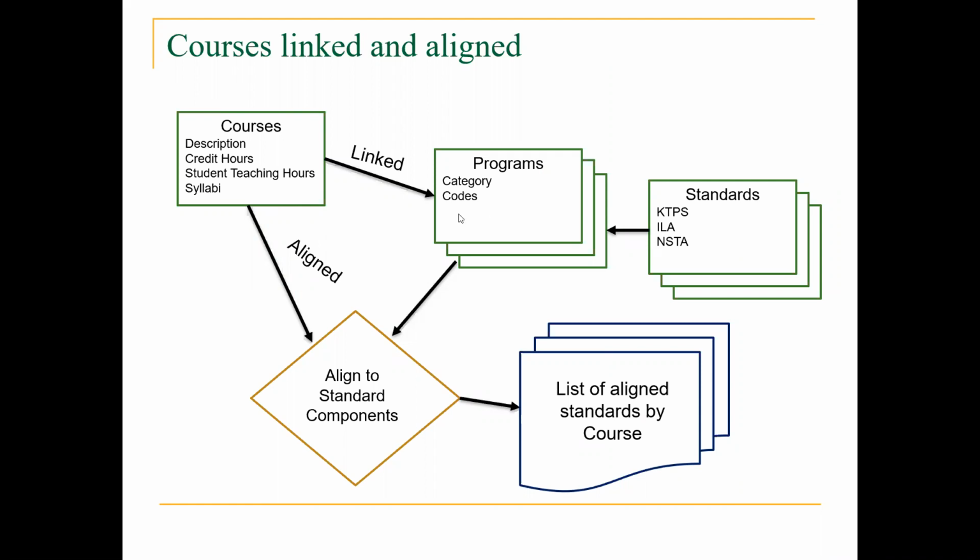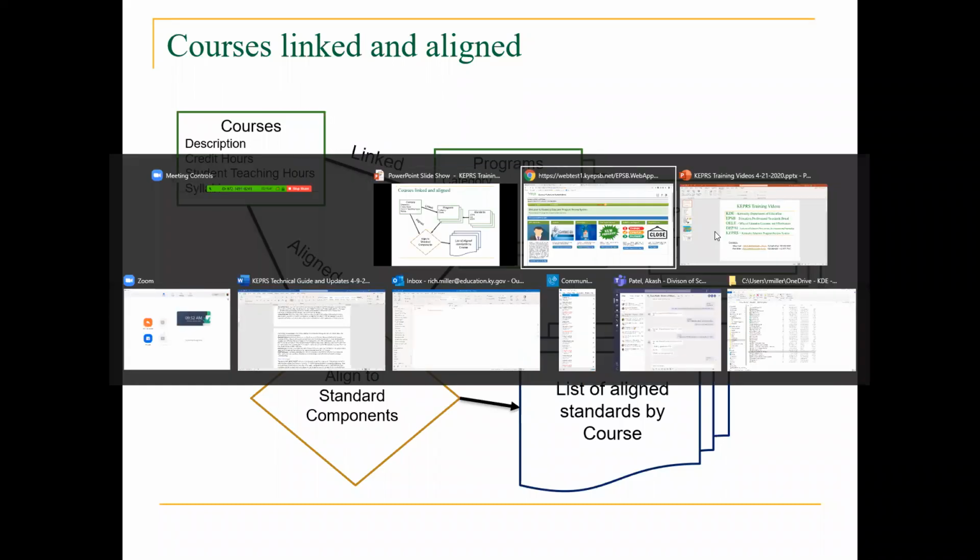The third thing that we'll do, in addition to defining the course and linking the course, is aligning these courses to a set of standards, and each set is going to be different based upon the program itself. For elementary or chemistry or math or music, there are a different set of standards required that need to be aligned. So those are some of the key concepts as a part of going through the courses module.